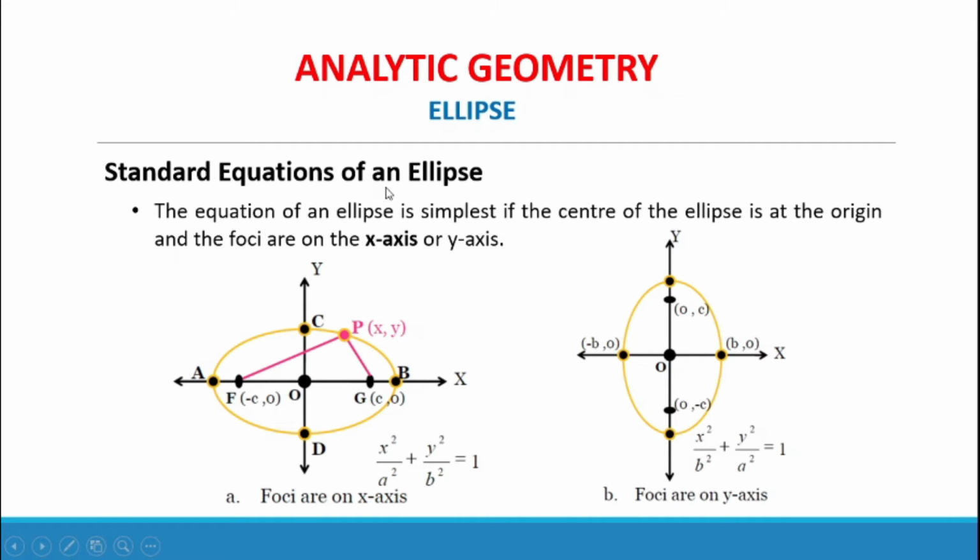Standard equations of an ellipse. The equation of an ellipse is simplest if the center of the ellipse is at the origin and the foci are on the x-axis or y-axis.